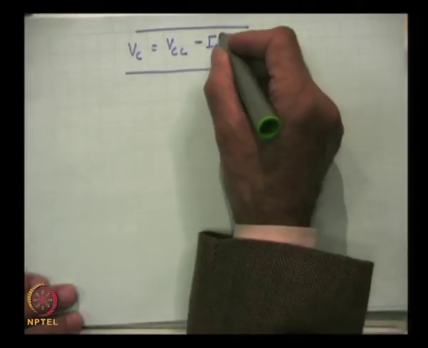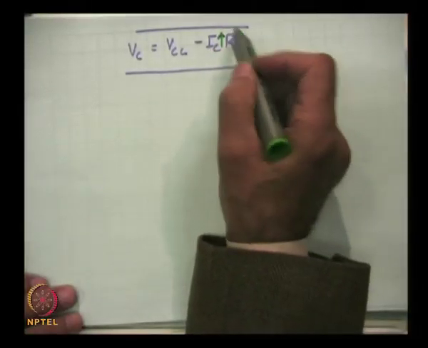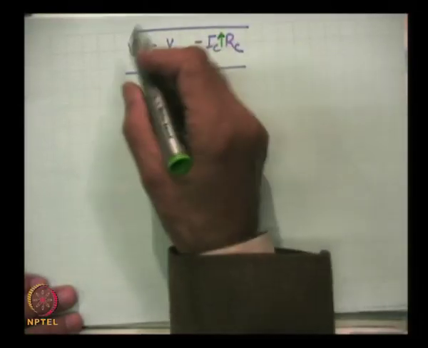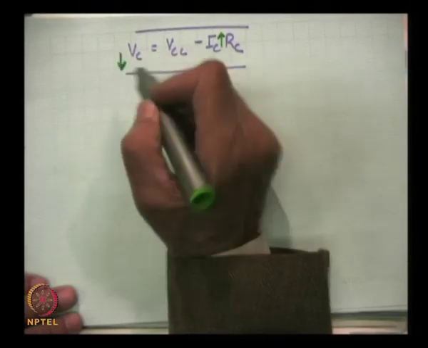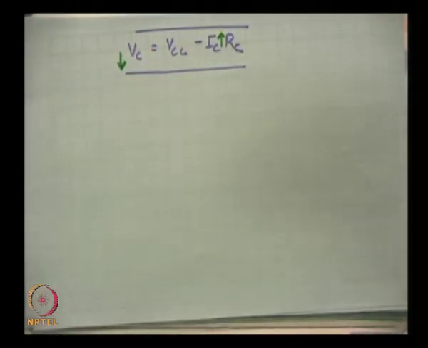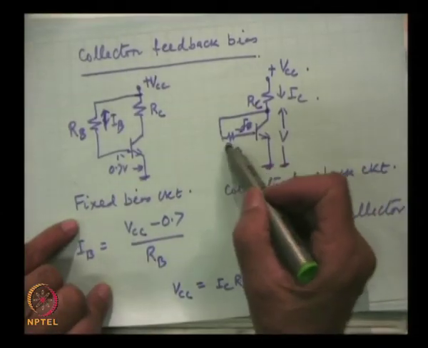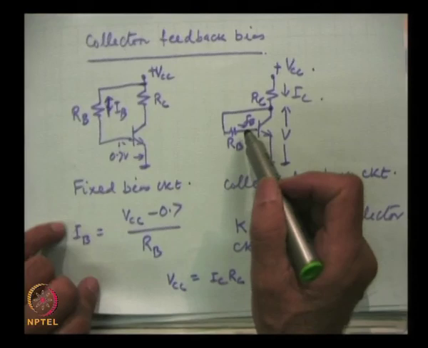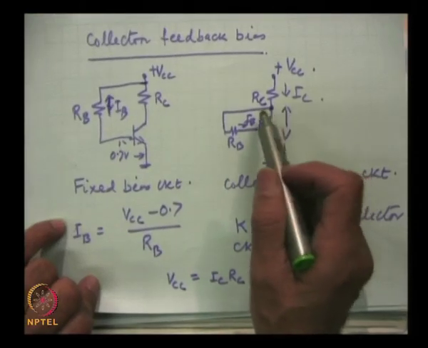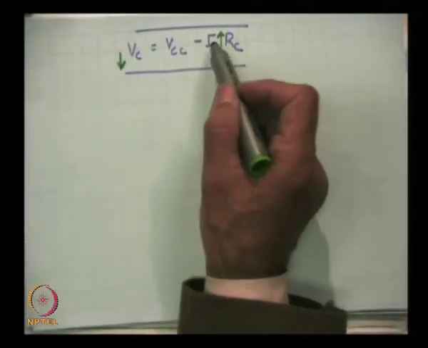And look at here, for any reason if IC rises, this term will fall and VC will go down, and this VC in this circuit will send a smaller base current, and that will take care of the rise in collector current.